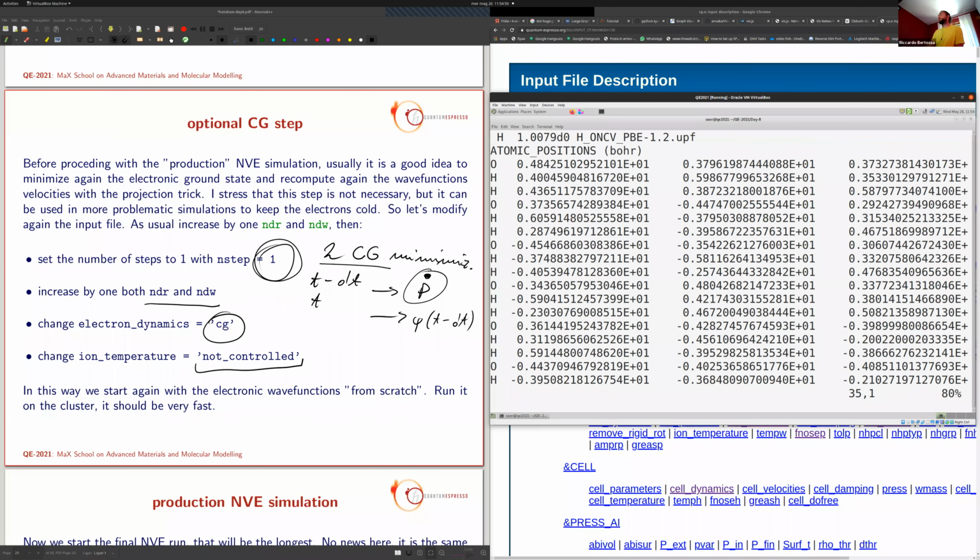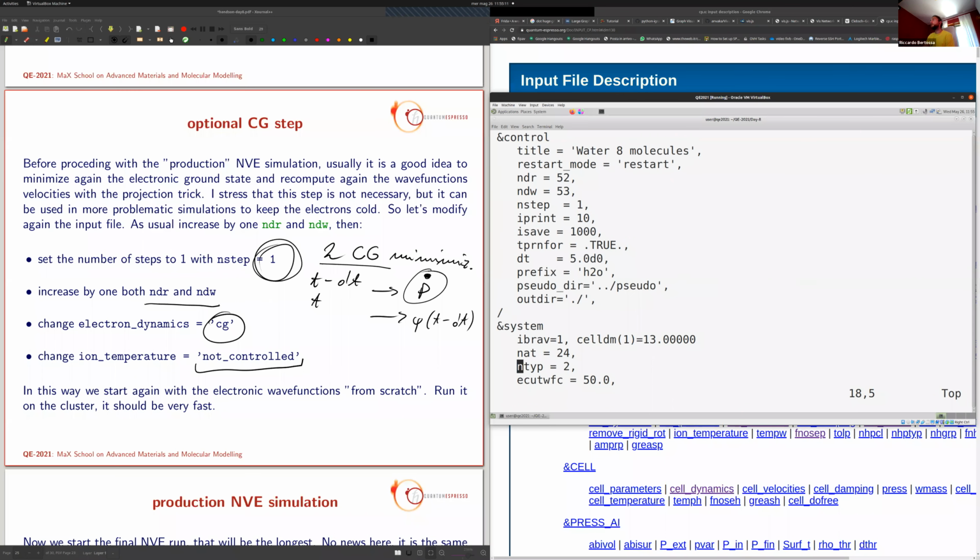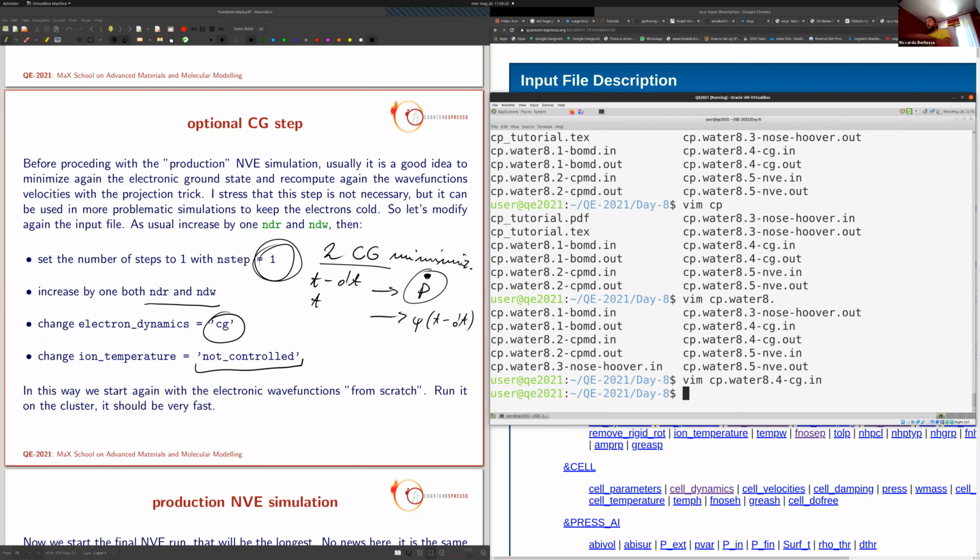It is sufficient to copy and paste the atomic positions that you have from the first input file, but the code will not use these positions to do the computation. It is going to use the positions read from the folder number 52 with the start file. Okay, so this is a very fast calculation.